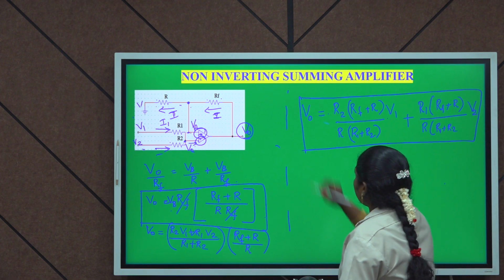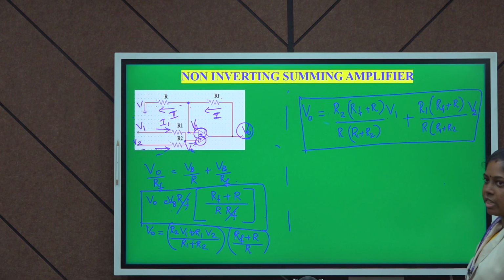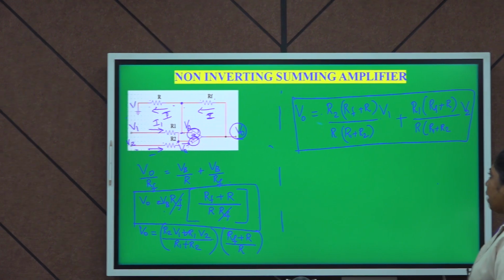So this is the final output voltage equation for the non-inverting summing amplifier.